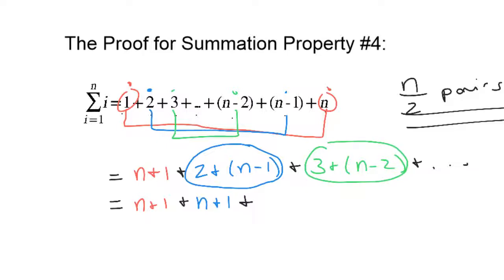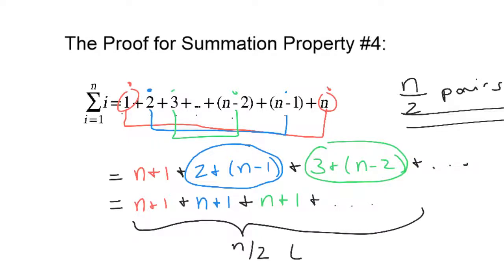Well, what's 3 plus n minus 2? That is also n plus 1. And each time I add something to it, I'm adding another n plus 1 to this whole thing. And how many times am I doing it? n over 2 times.